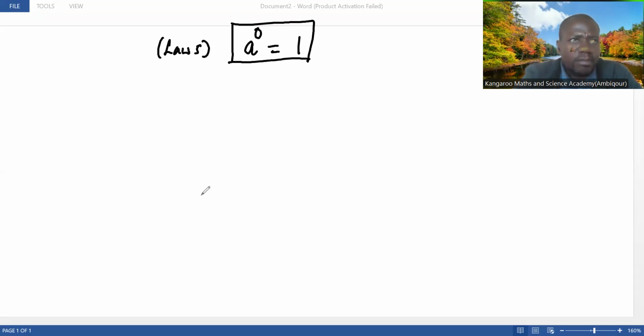Why is this the case? If we were to prove this, imagine we say 5 divided by 5. What is 5 divided by 5 in reality? It's 1. If 5 over 5 is equal to 1, this can be written as an exponent as 5 to the exponent of 1 over 5 to the exponent of 1.